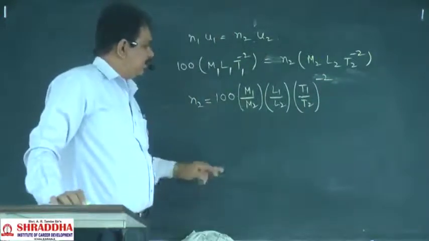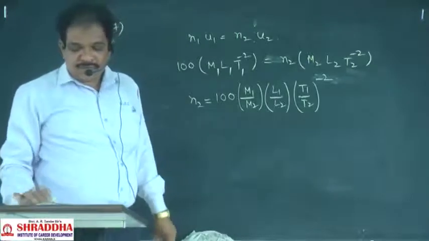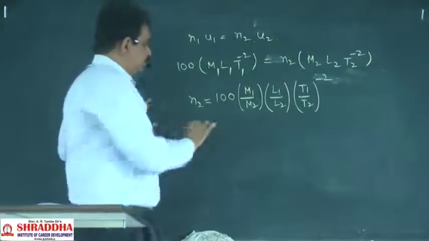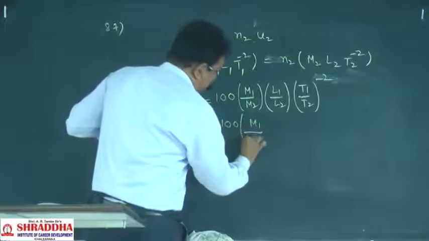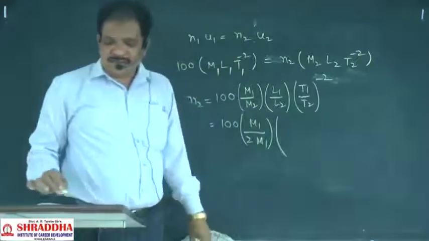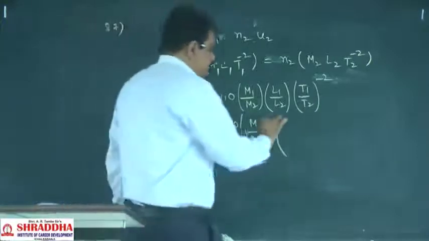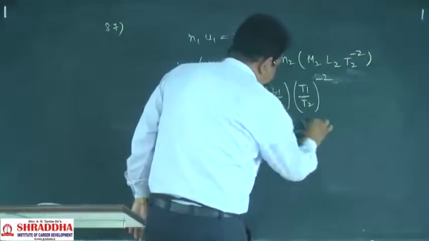Then what they gave: unit of mass and time are doubled. So 100, mass is doubled. Length, what they mentioned, length is halved. So this is L1 by L1 by 2.